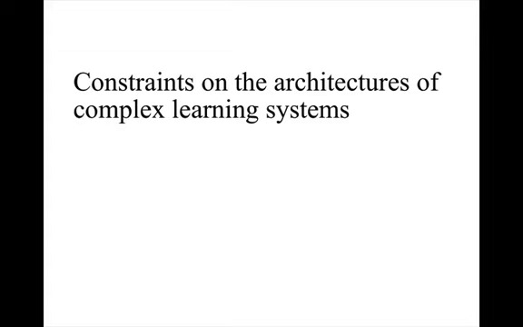And by complex learning system, I mean a system that has to learn lots and lots of different types of behaviors. When I talk about architecture, I mean the way in which the physical information processing resources of the system are organized in order to perform the functions and features of the system effectively.